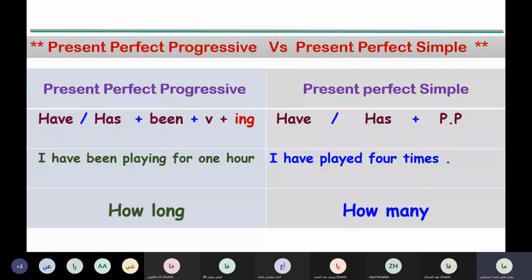Text and about jobs on page 20. Find sentences that are present perfect and present perfect progressive. I think it is easy.